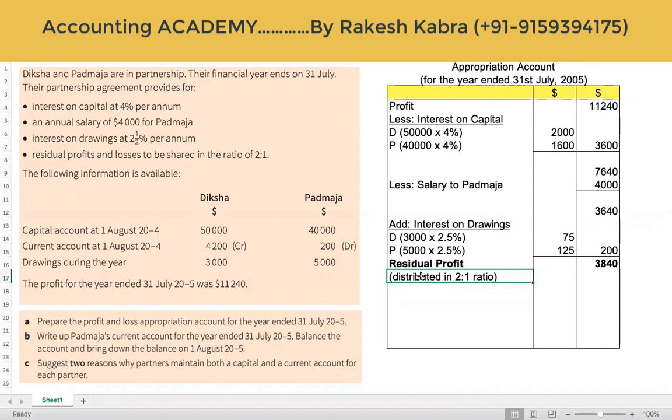Diksha will get 2 by 3, as the total of the ratio is 3. And Padmaja's share of the profit is 1 by 3. So this is how we prepare the appropriation account.